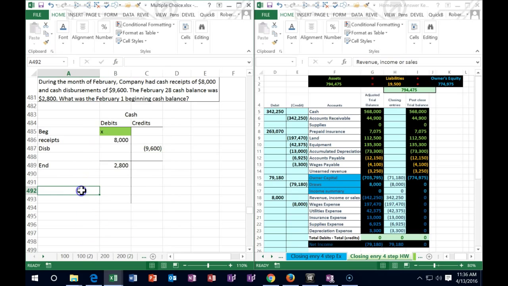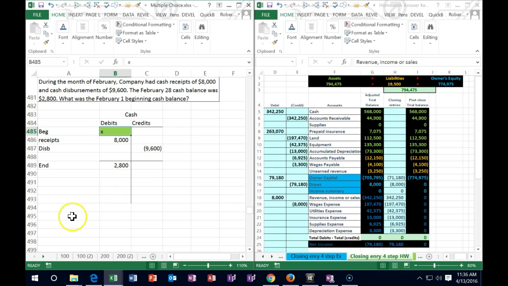So the problem here is this X plus the debits minus the credits equals that. That's our equation. So we've got to figure out what this needs to be in order for it to be increased by 8,000 minus the 9,600 to equal the 2,800.